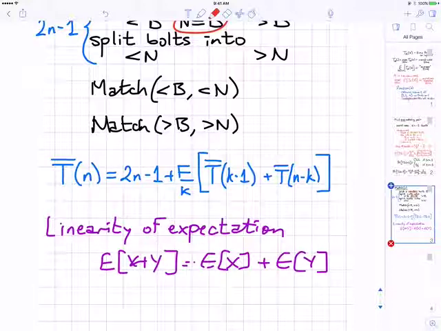And these two random variables are not independent. Once you know what the value of x is, you absolutely know what the value of y is. Nevertheless, I can say, well, every number between 1 and 20 is equally likely, so the expected value of x is 21 over 2. The expected value of y is 21 over 2. And so the expected value of the sum is 21.